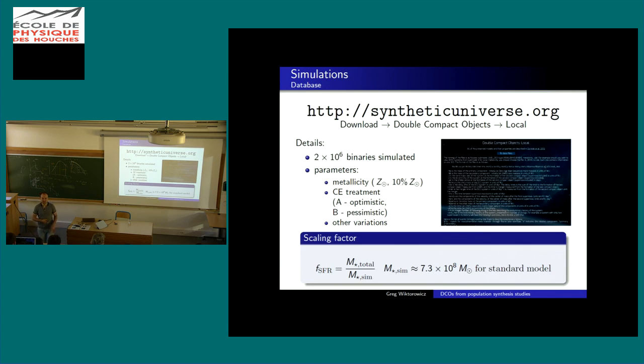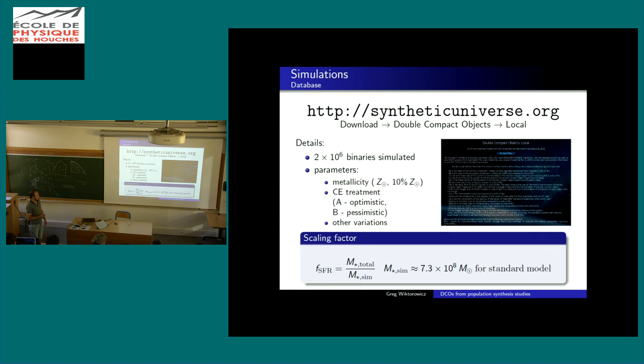What will be important for us is T-del, the delay time. It's probably the 6th or 7th value in this record. It is the time since the birth of the system, so when both stars are on their ZAMs, to the merger of the compact object.